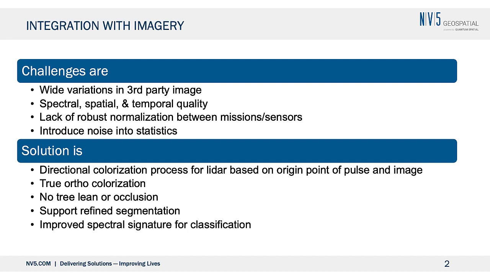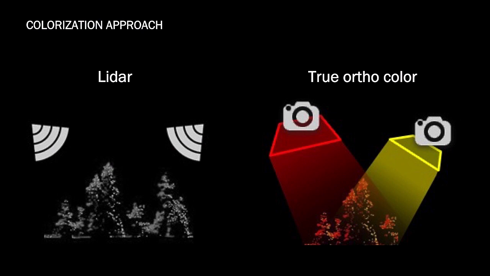So the approach that we've taken is this: usually when we're creating imagery from what we call orthophotos, where we're mashing all the imagery together, we use the ground to rectify the data, to create that flat surface for the data.